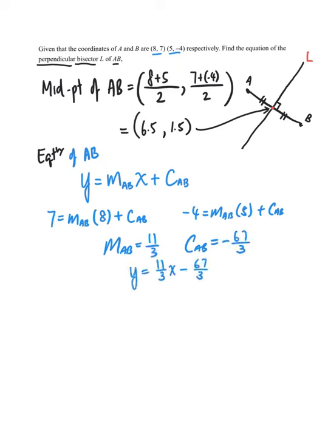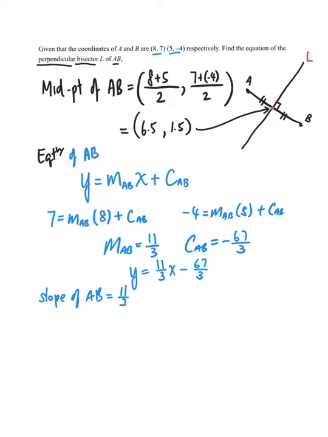After doing the calculation using those numbers, you can put in 8, 1, 7, 5, 1, negative 4 in your calculator. That will give you the slope of the line AB and the y-intercept of the line AB. So you can make an equation, and from there you know that the slope of AB is actually the m value, which is 11 over 3.